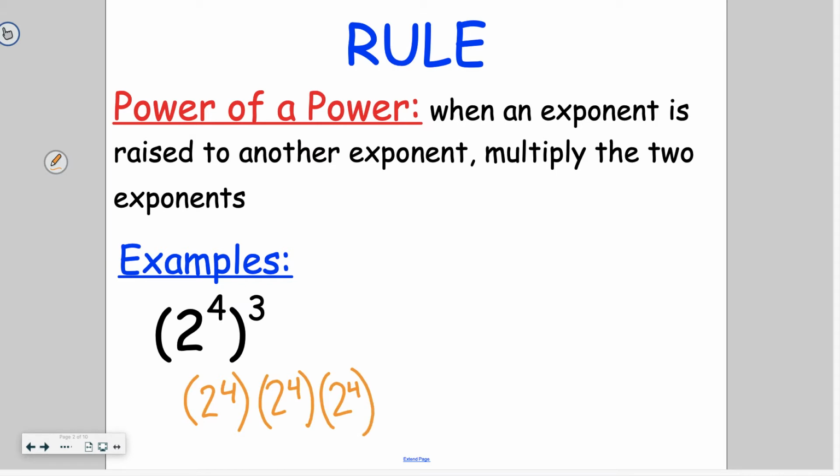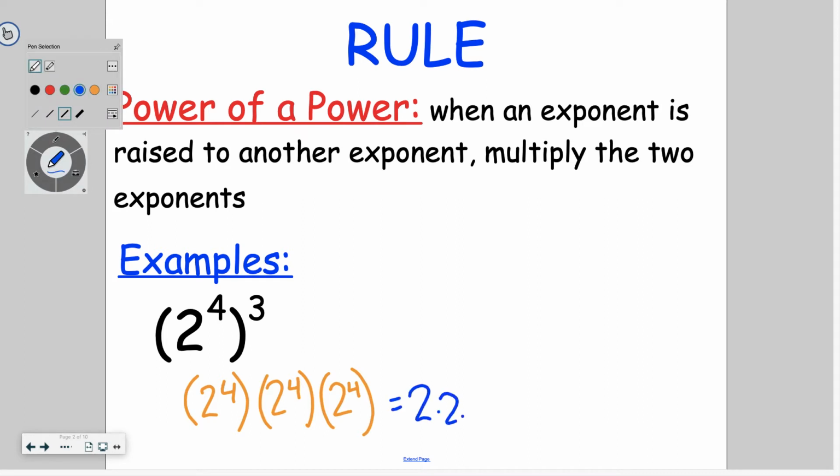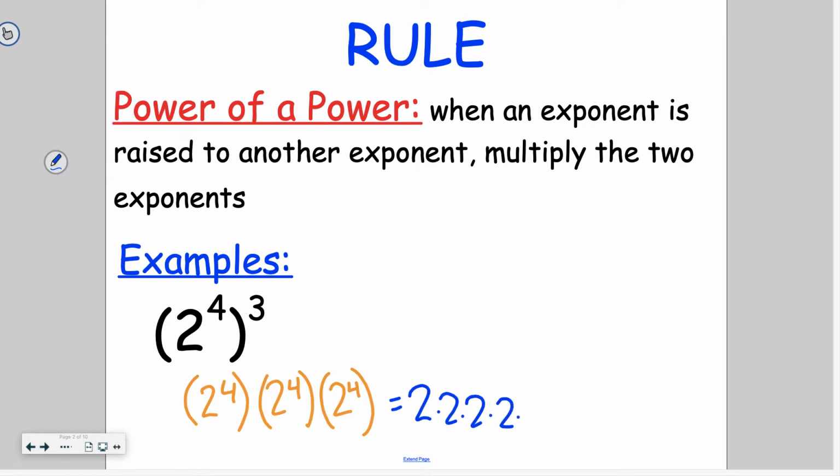So that's what that actually would work out to be, which then, as we know, would break down into 2 times 2 times 2 times 2. That would be our first group. And then times 2 times 2 times 2 times 2, that would be our second group. And then times 2 times 2 times 2 times 2, that would be our third group.